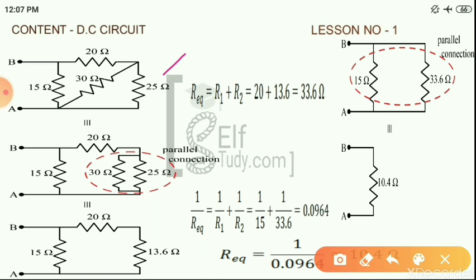Now this 13.6 and 20 ohm are in series, so their equivalent resistance is 33.6, which is now in parallel with the 15 ohm resistance.